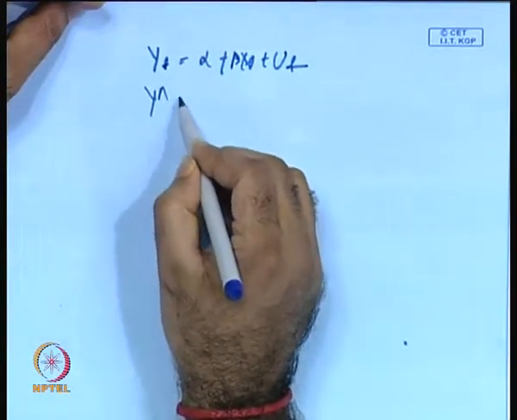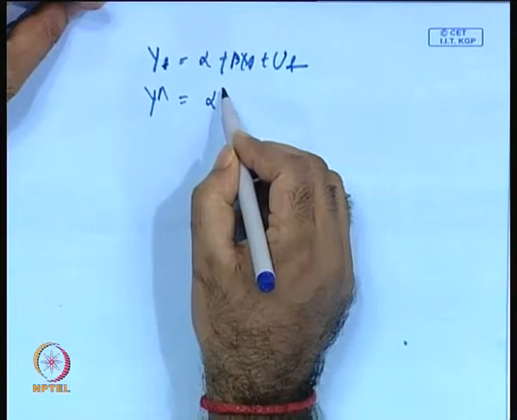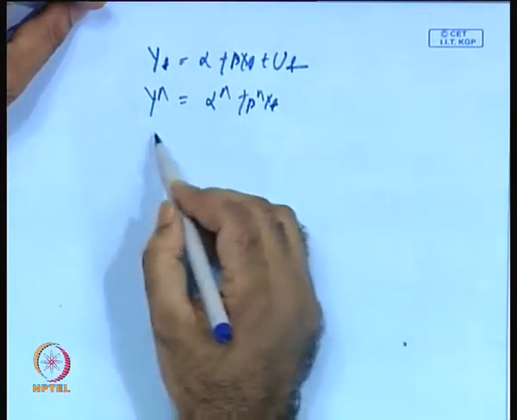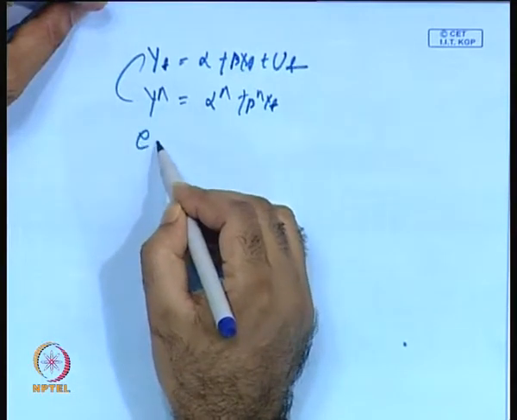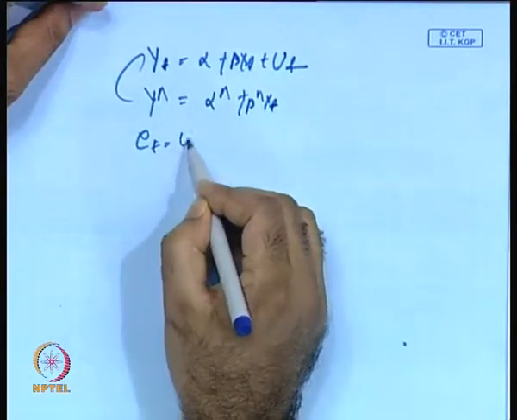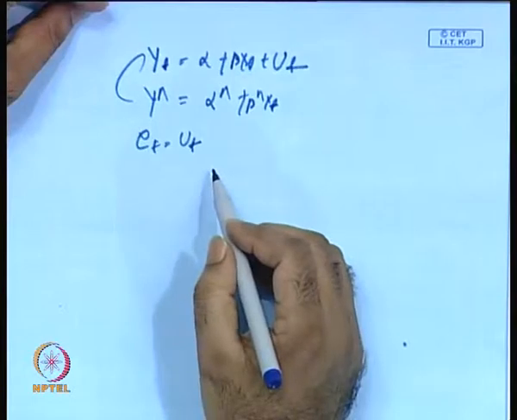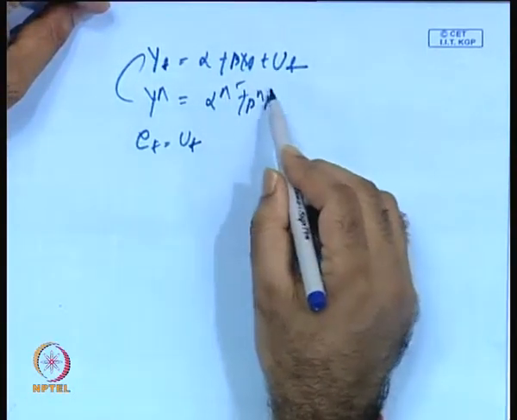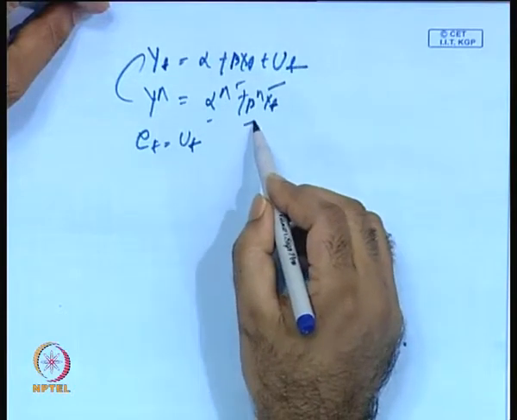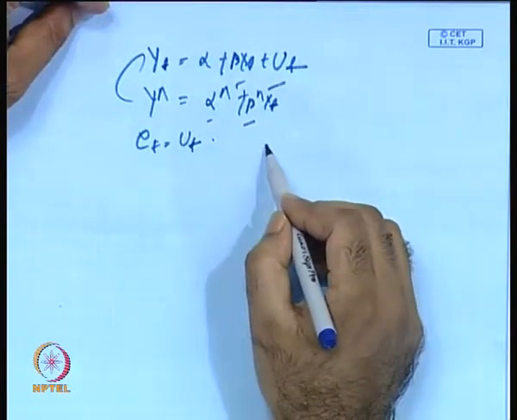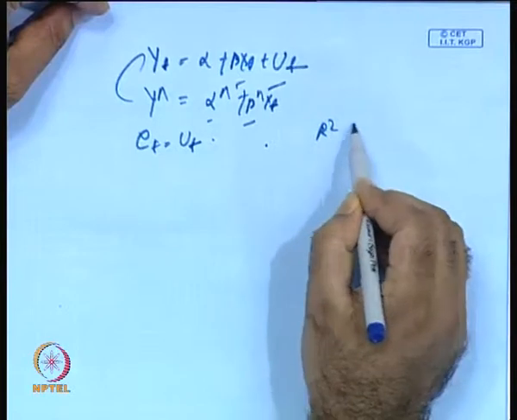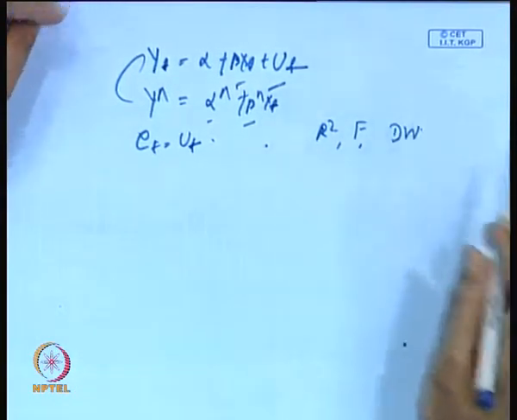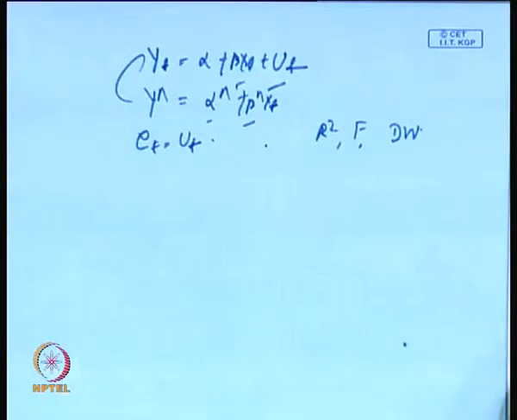After estimation, we get y hat equal to alpha hat plus beta hat x_t, and we get the error term e_t, or u_t. Then you get alpha hat, beta hat, the standard error of alpha hat, the standard error of beta hat, t of alpha hat, t of beta hat, then R square, then F, and then we add another component, the Durbin-Watson statistic, particularly for the autocorrelation issue.